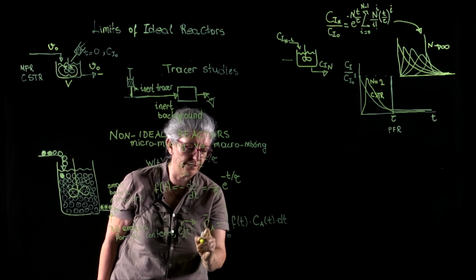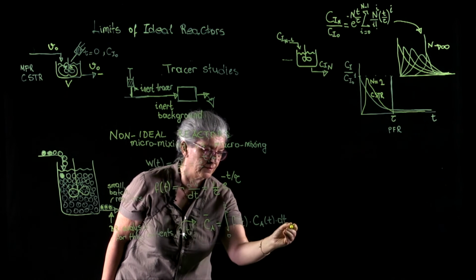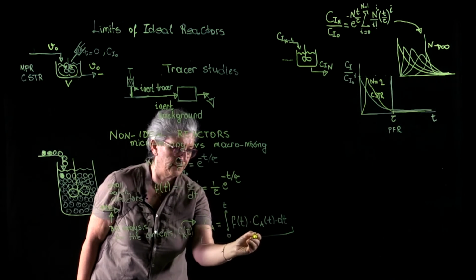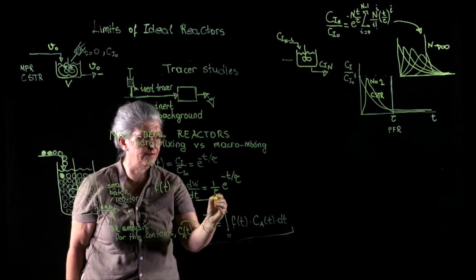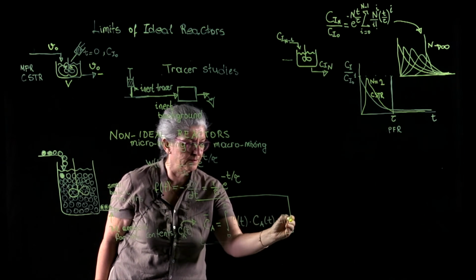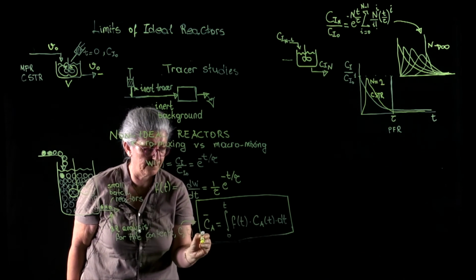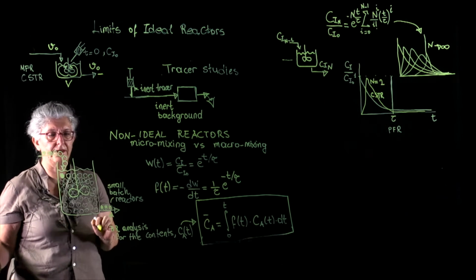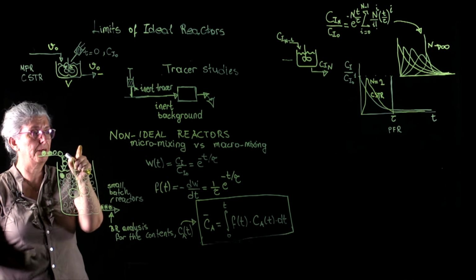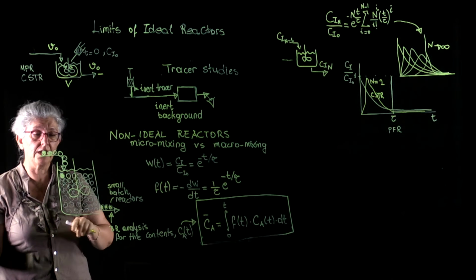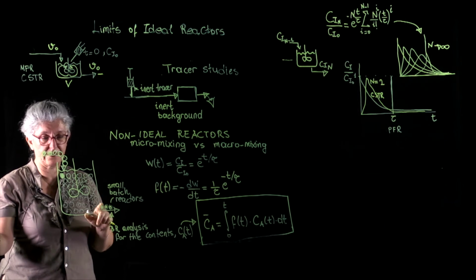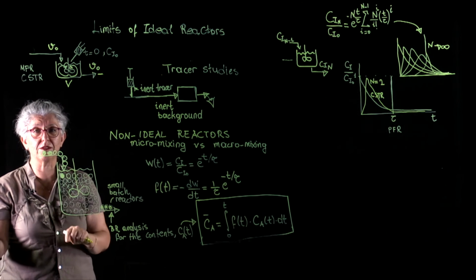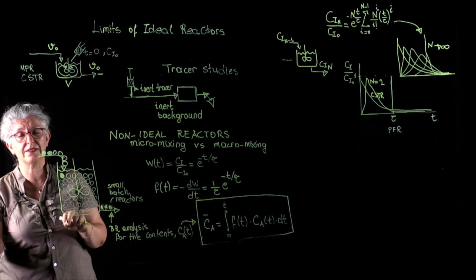So this is one approach of treating non-idealities. That we have perfect micromixing and perfect macromixing, but still our fluid elements do not interact with one another.